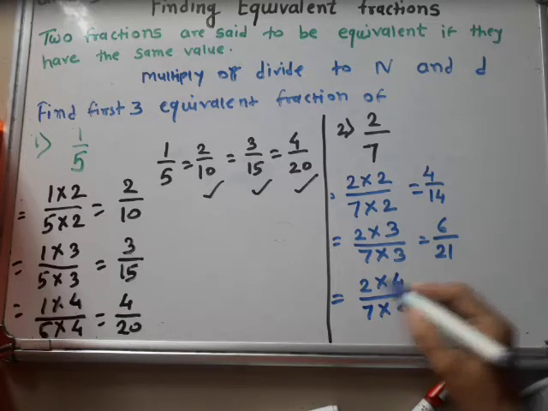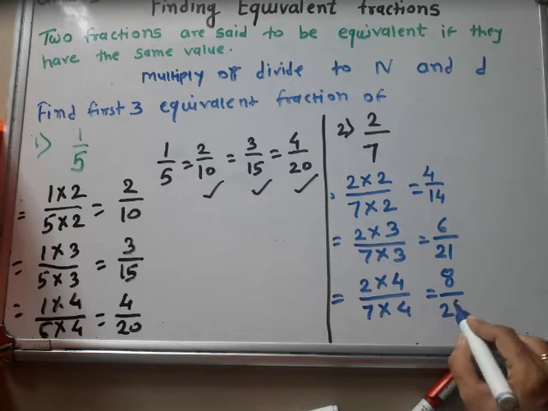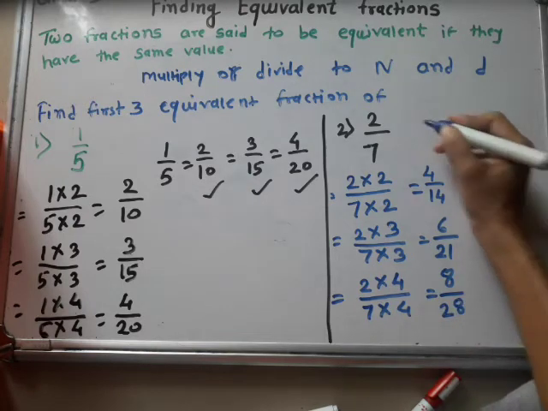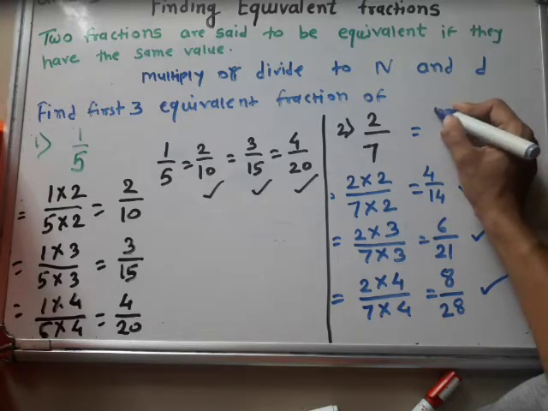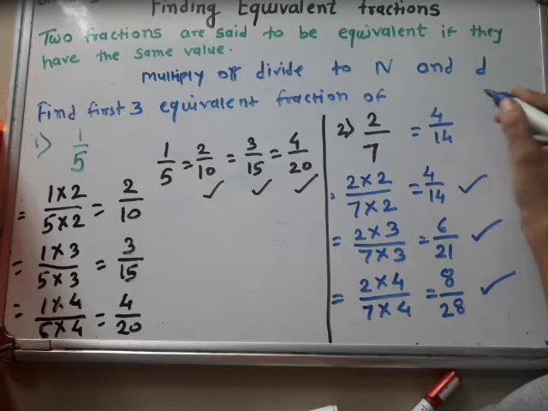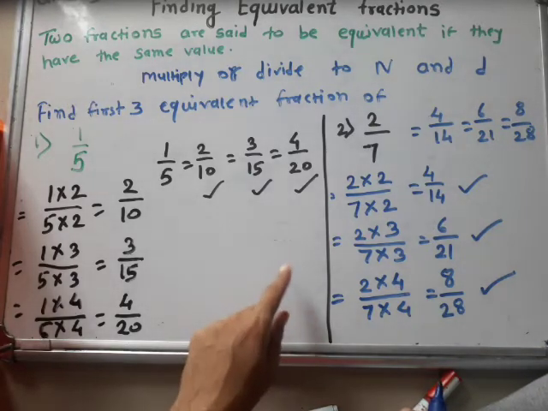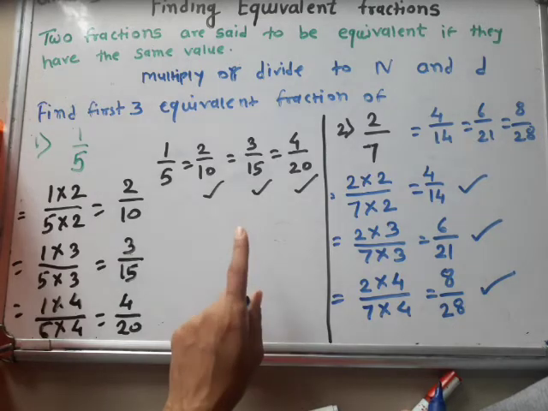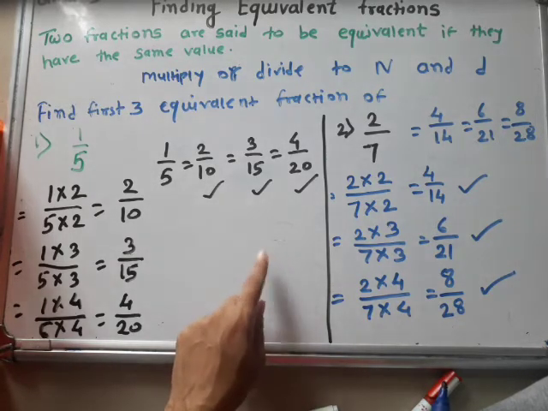So we get 2 4s are 8 and 7 4s are 28. So we get three equivalent fractions of 2/7: 4/14, 6/21 and 8/28. In this way we find the equivalent fraction by multiplying numerator and denominator by the same number.